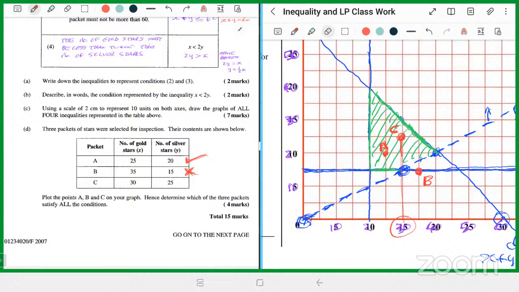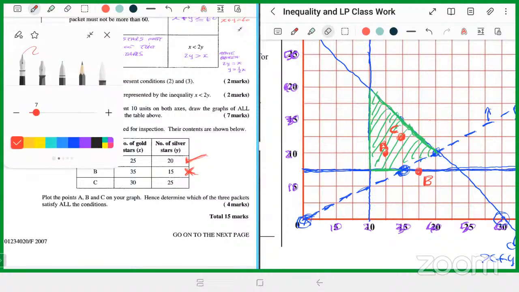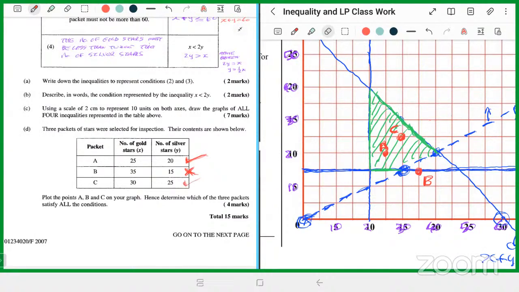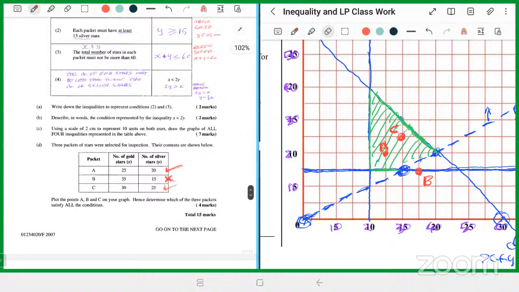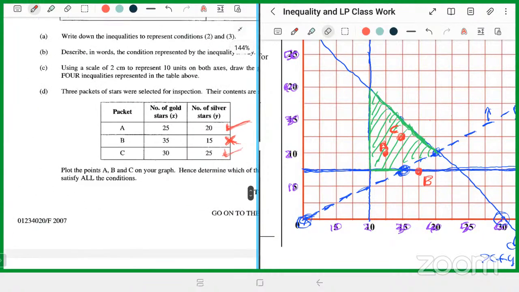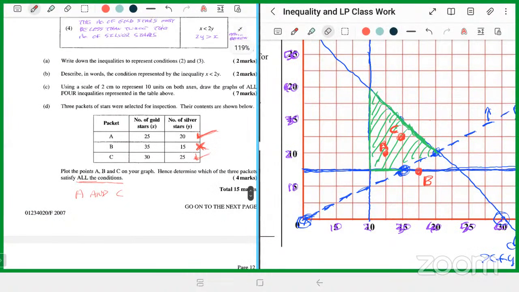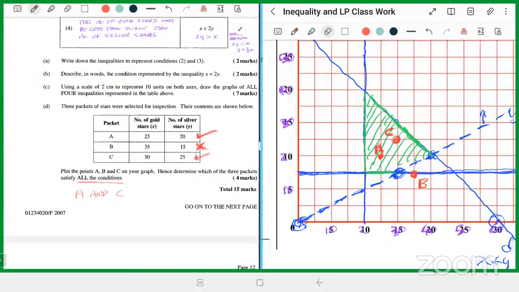C is also a good pocket. It's inside the region. So we can tick off C. So it says, hence determine which of the 3 pockets satisfy our conditions. A and C satisfy our conditions. And that is it.